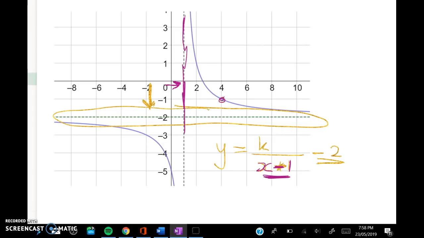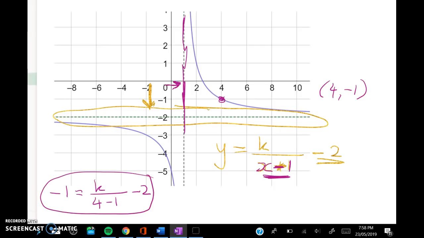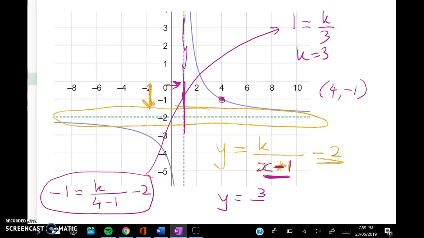Now I need a blobby point. The blobby point I'm going to use is (4, -1). Solving, we get -1 is equal to k over 4 minus 1, take away 2. Let's clean this up. So -1 plus 2 gives me 1 is equal to k over 3. k equals 3. So my final equation is y equals 3 over x minus 1 minus 2.